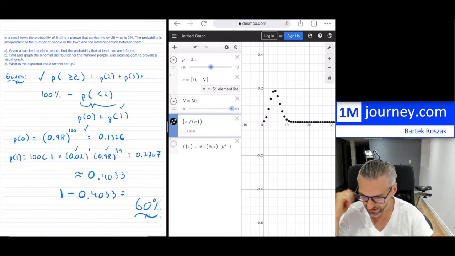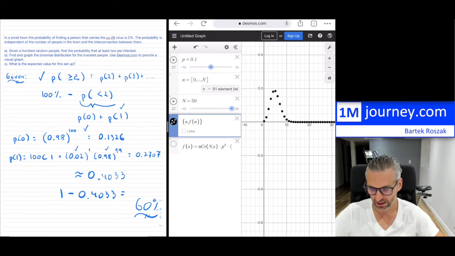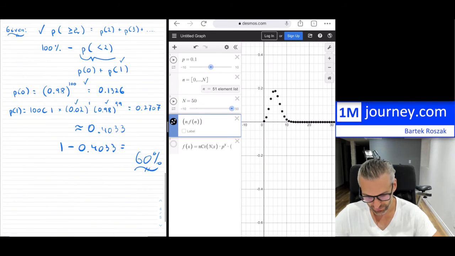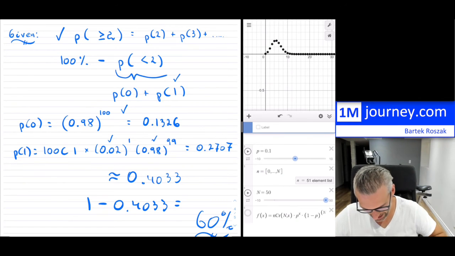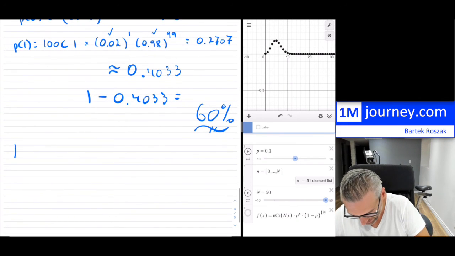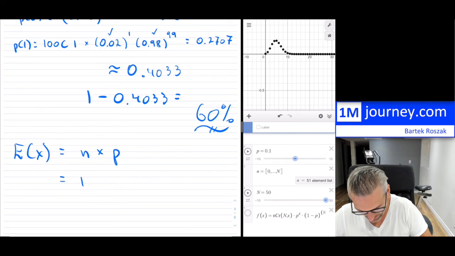The last question that they ask us: what is the expected value for this setup? The expected value in binomial distributions is actually really nice to calculate. If you recall, expected value is equal to n multiplied by p. So we have 100 trials because we are taking out 100 people, and our probability is 0.02.